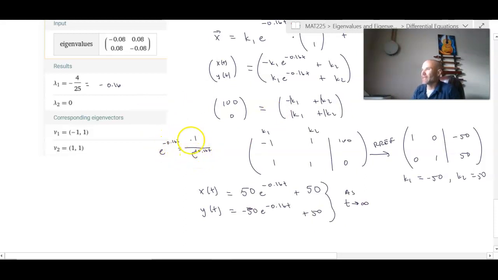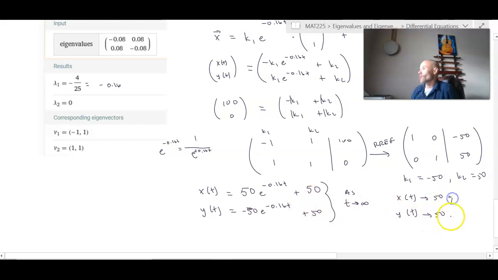Because 1 over e to a larger and larger power will be 1 over a large number, which gets closer and closer to 0. So that means that first term in both equations will become negligible as time becomes large. X of t will therefore just equal 50, and y of t will therefore just equal 50.